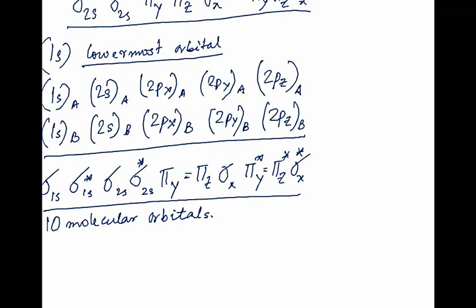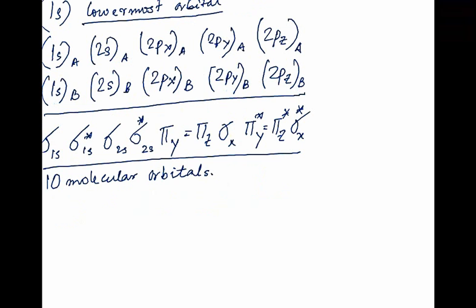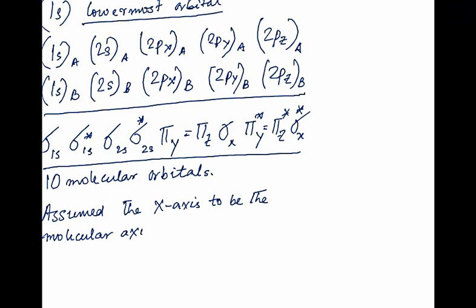Now, in the formation of these molecular orbitals, one more important thing is that we have assumed the x-axis to be the molecular axis. So in this case, the x-axis is the molecular axis. Now the relative order of these molecular orbitals has been depicted as per the order given above.